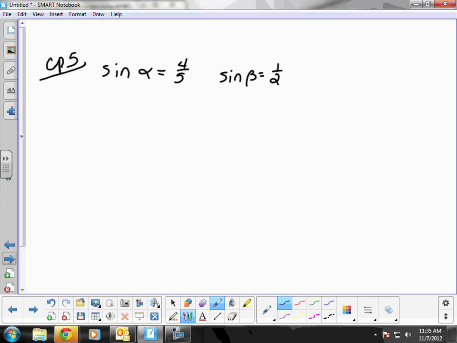Now this one's in quadrant 2, and this one's in quadrant 1. And they want us to find the exact value of, there's several of them there.